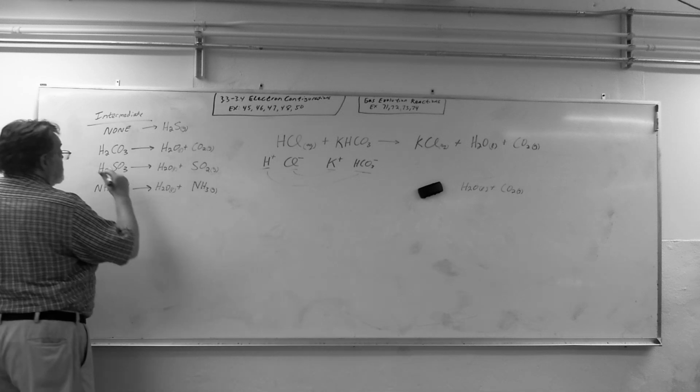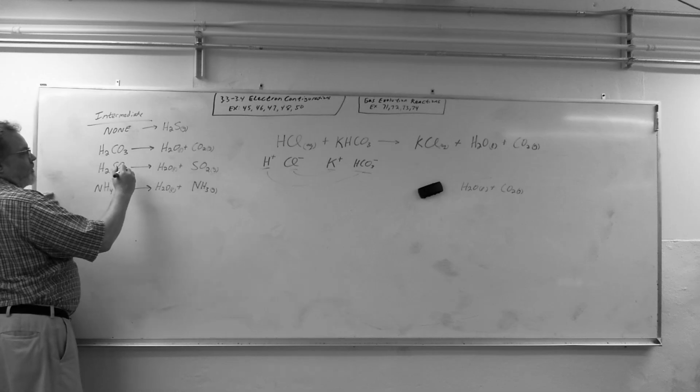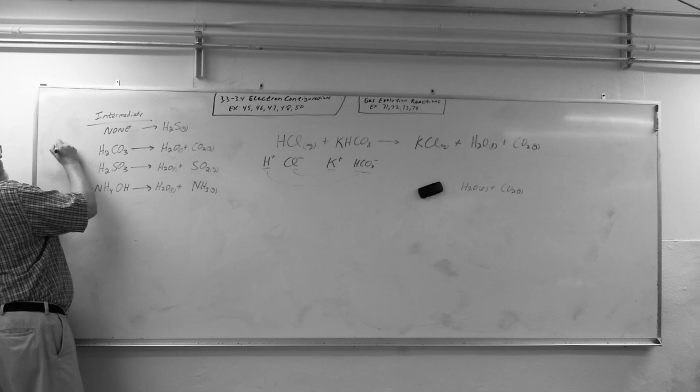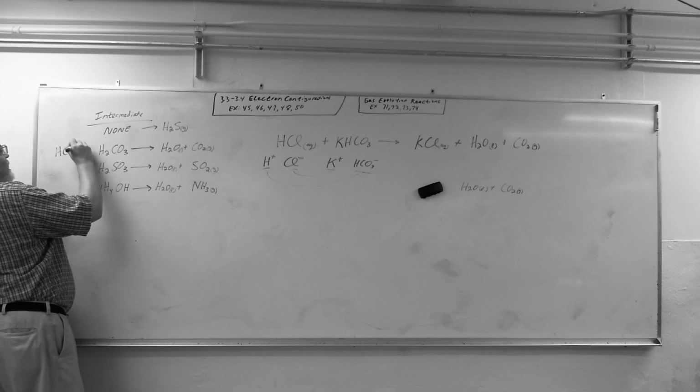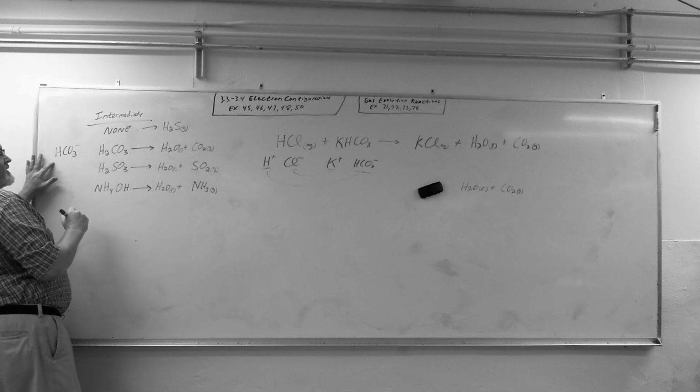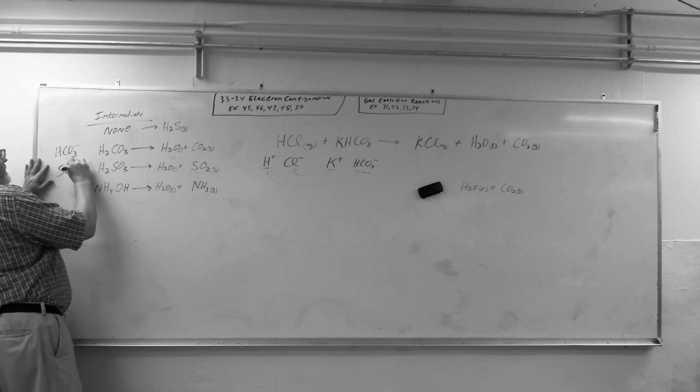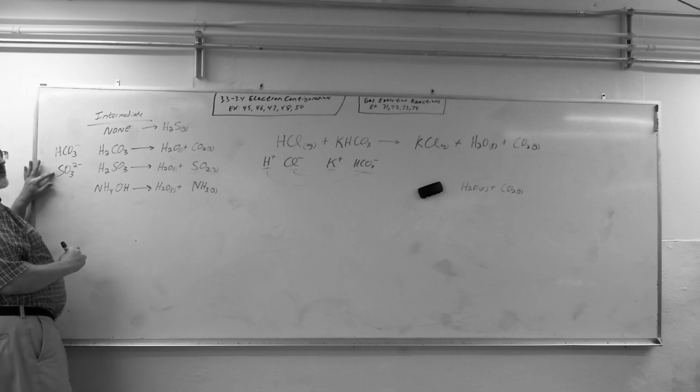Oh, just so you notice, that is in that polyatomic ion list, and the SO3 is 2 negative. That's in the polyatomic ion list. It's called sulfite.